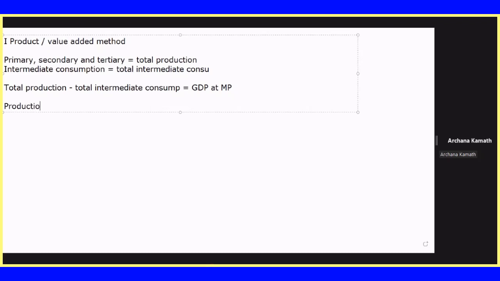Okay, we'll do one question. Total production in primary sector is 3,500. Production in secondary sector is 2,500.